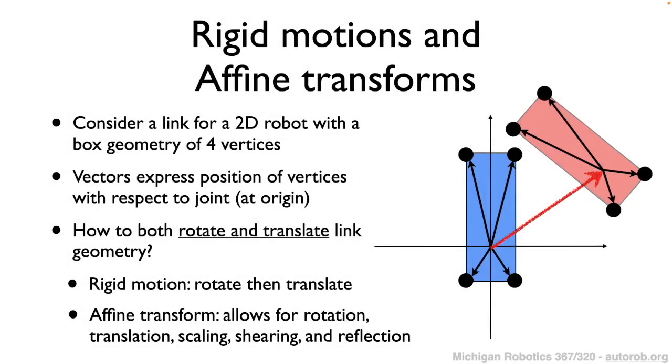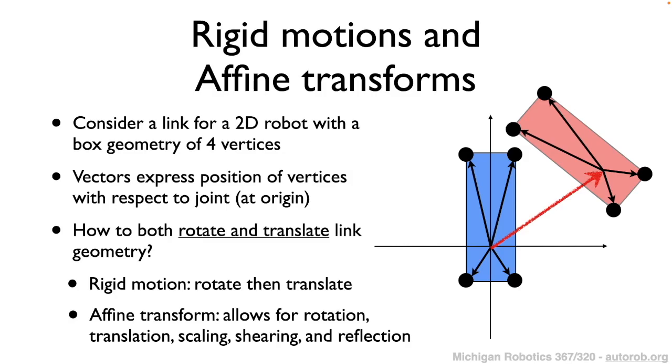So to bring these two concepts together, we have what's referred to as rigid motions, which is related to, you may have heard in other contexts, affine transformations, which include rigid body transformations like rotation and translation, but also shear and other transformations.